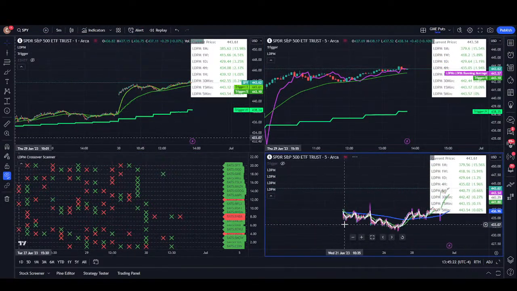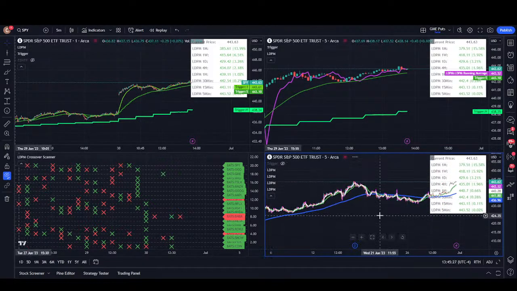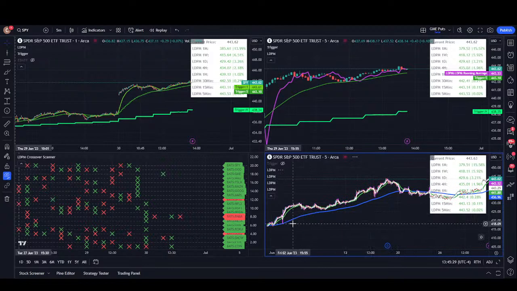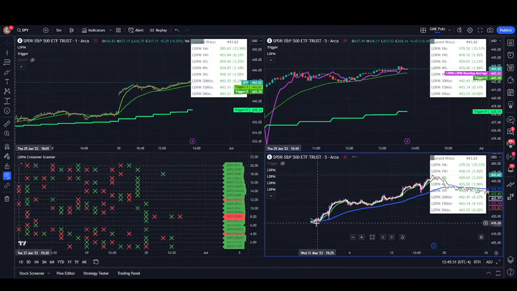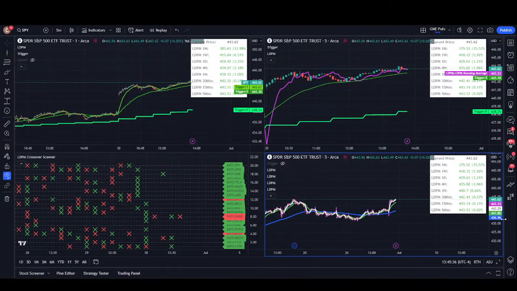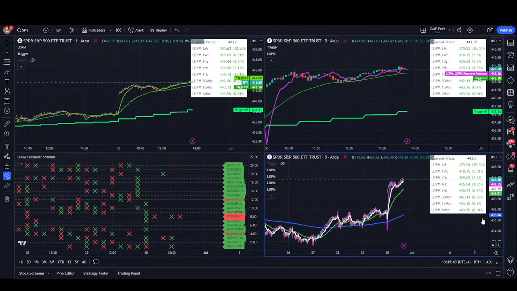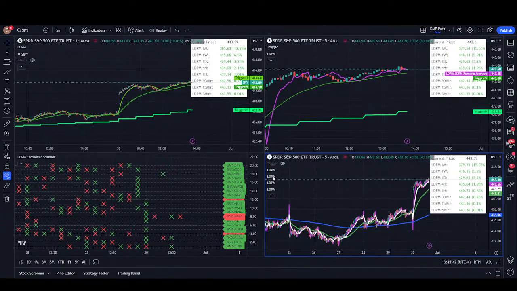It's just LDPM instead, and it's super good. I have the 5-minute trigger, the 5-minute LDPM, the 15-minute, the hourly, and the daily. For the guys watching right now, the blue is the daily, the green is the hourly, the white and the rest. I'll delete the lower time frame ones.